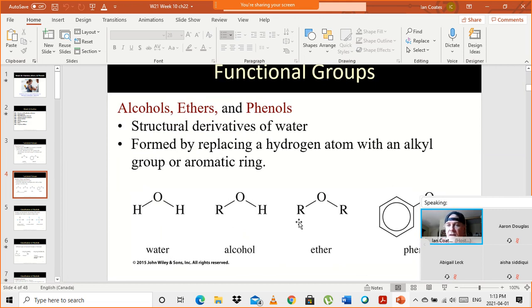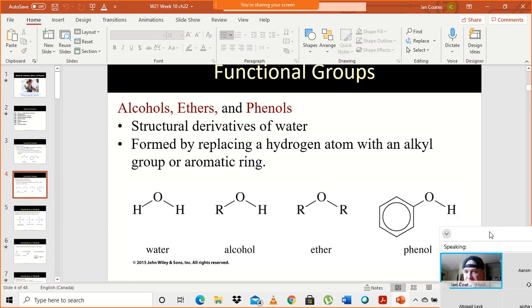An ether, which is some carbons and some other carbons separated by this oxygen, is bent. And phenols, a benzene aromatic ring with a hydroxyl group on it, have the same thing. So there's a specific kind of chemistry that revolves around this, and that's what we're going to talk about today.